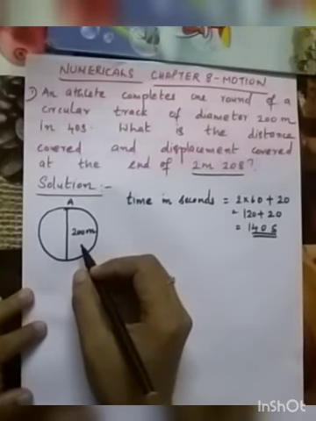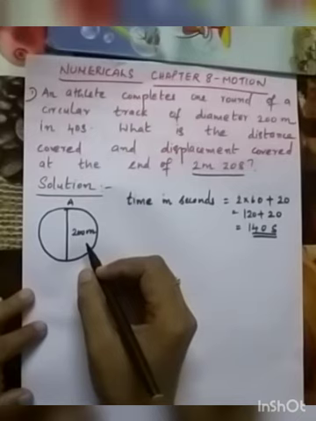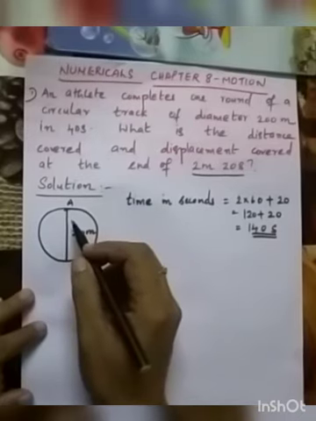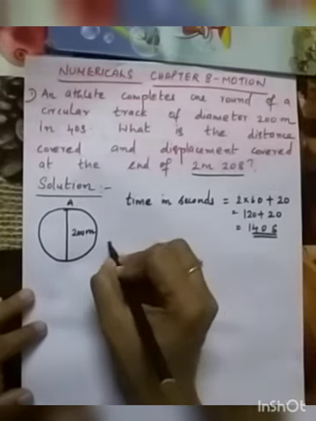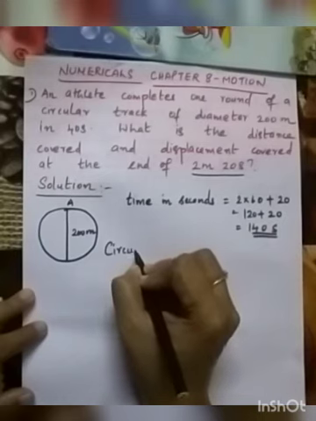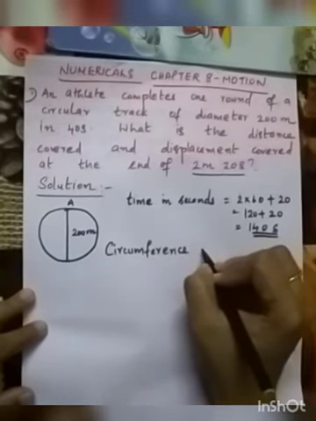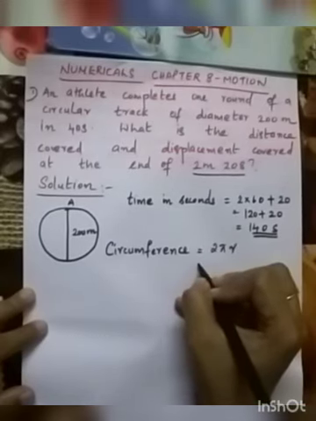Now, to find out the distance, you must know the circumference of the circular track, because the distance covered by the athlete is equal to the circumference of the circular track. And you know the equation to find out the circumference. What is the equation for circumference of a circle? 2 pi r, right?